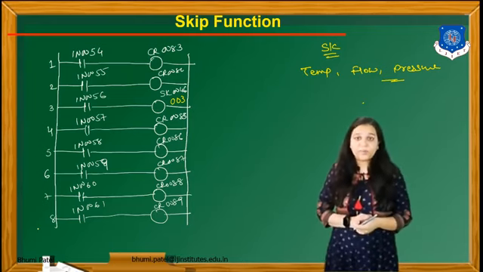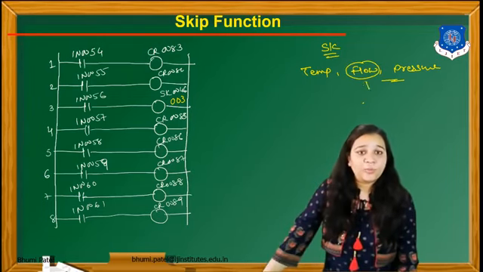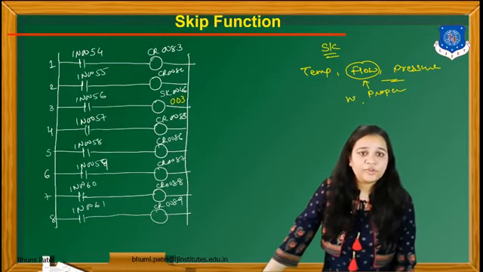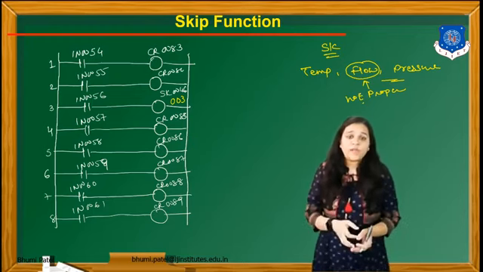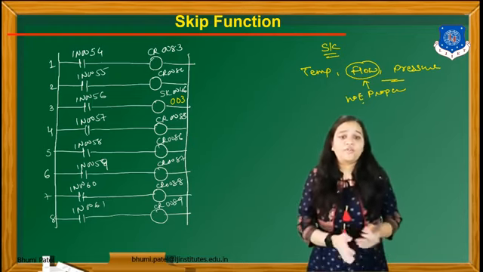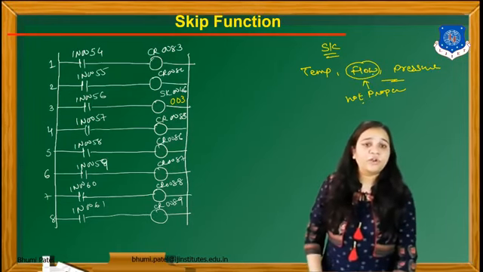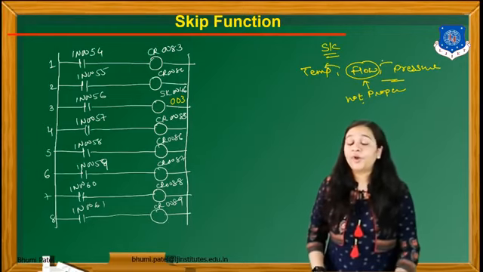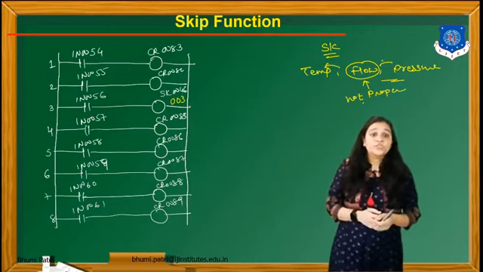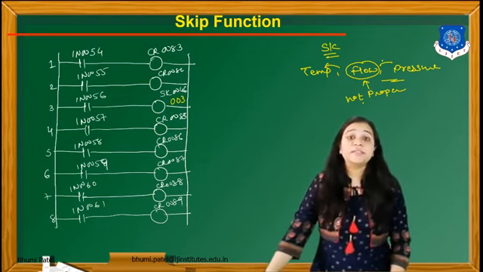Now suppose the output of the flow controller is not proper. We have to skip or check the flow controller, because the flow output will depend on the pressure or temperature controller, and if the flow controller output is wrong, we can get all the data wrong. So for that we can use this skip function.